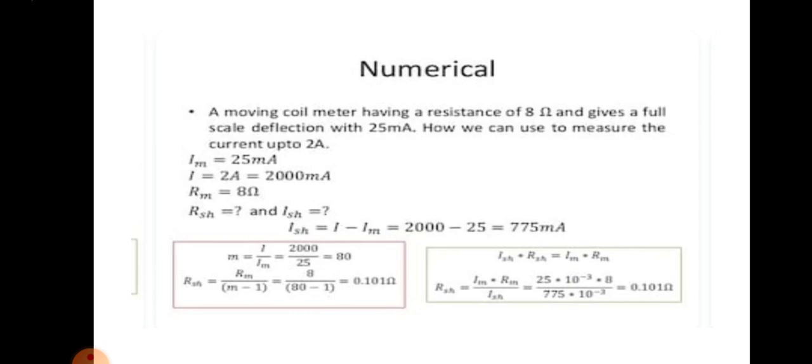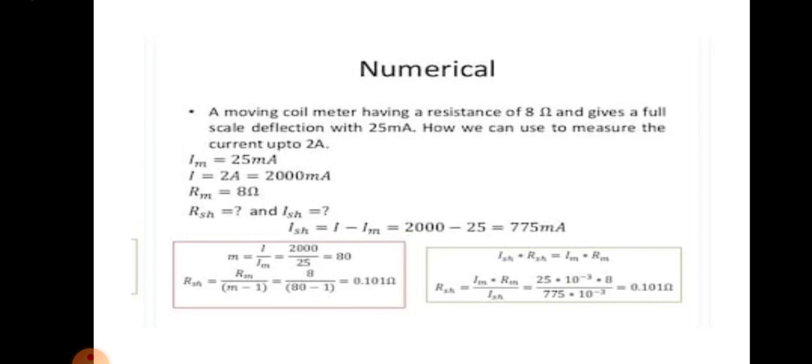So the range we have to extend is from 25 milliampere to 2 ampere. IM is given as 25 milliampere, I is given as 2 ampere, that is 2000 milliampere. RM is given as 8 ohms. Now we have to calculate RSH and ISH.